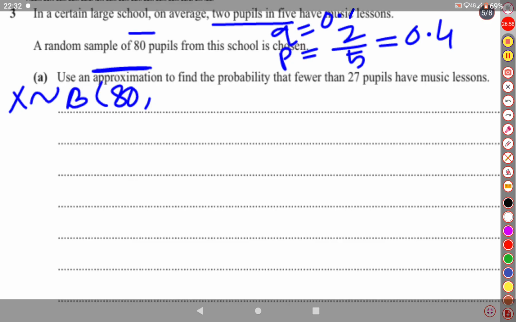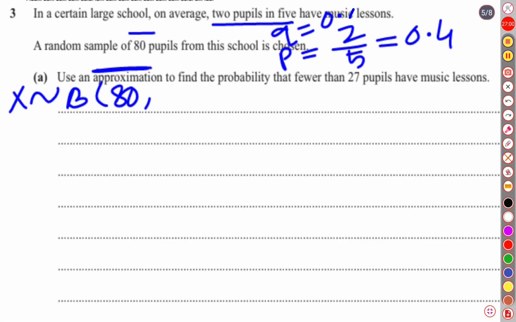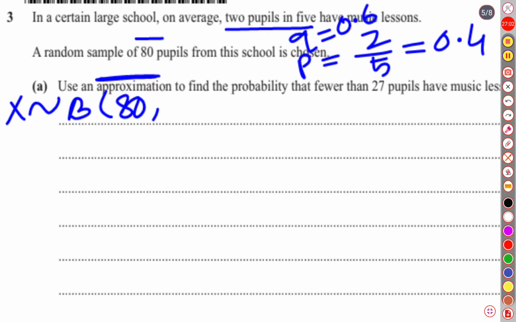So our probability of having a music lesson is 0.4, and the probability of having no music lesson is 0.6.